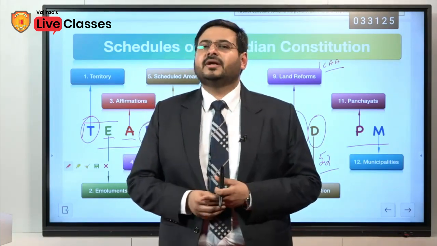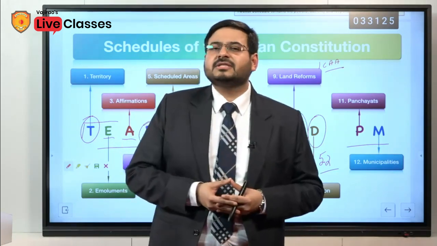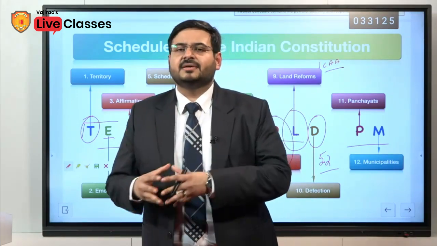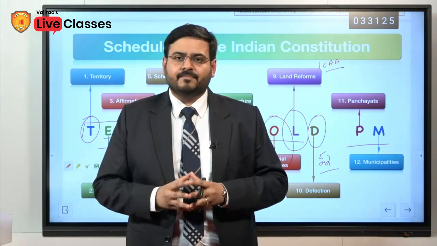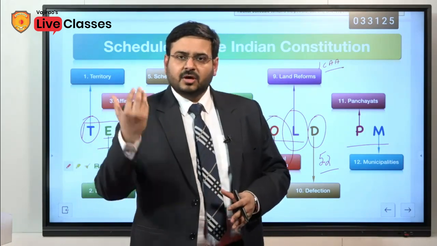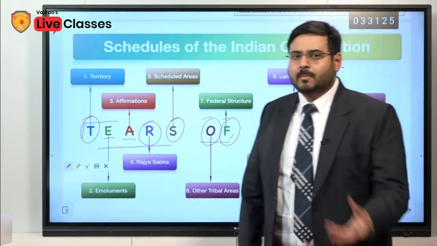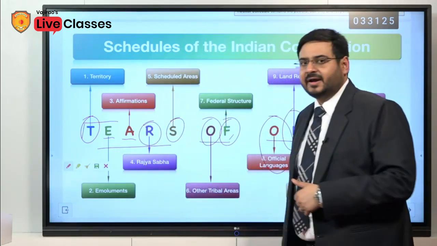That has been represented by a politician from a particular state leaving and joining 3 political parties in a single day. That is represented by the term Ayaram and Gayaram. So that was the defection. To stop this defection, the 52nd Constitutional Amendment Act brought the anti-defection law in the year 1985.